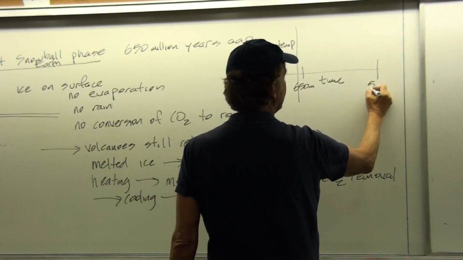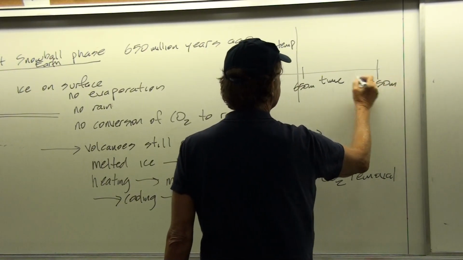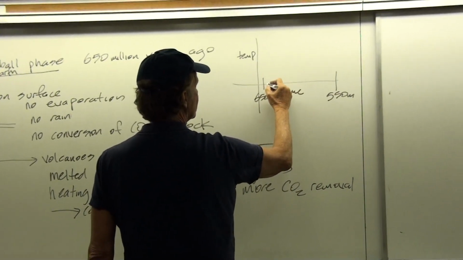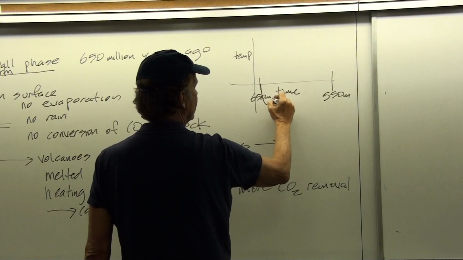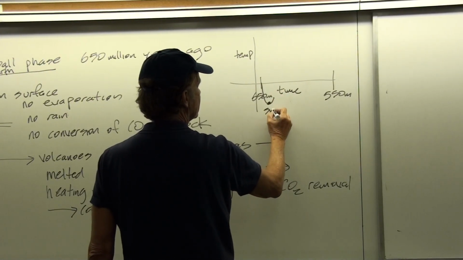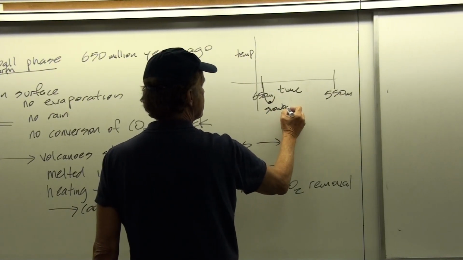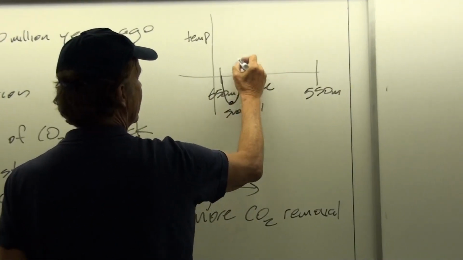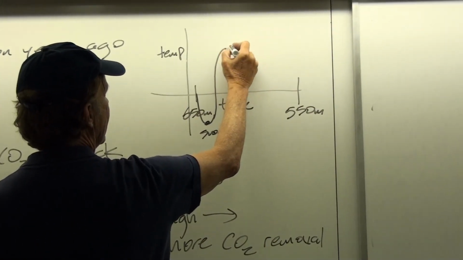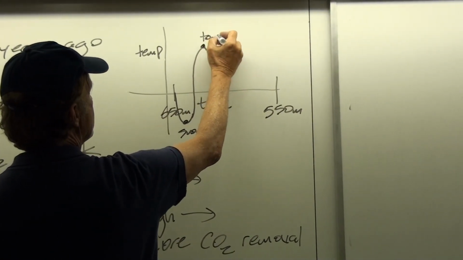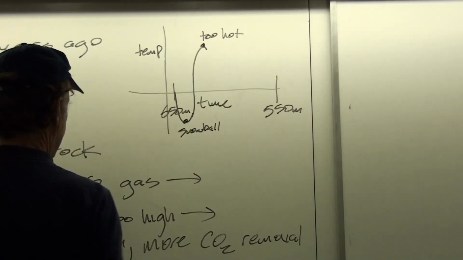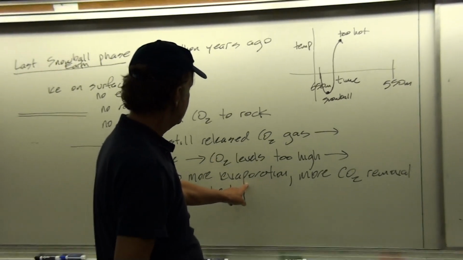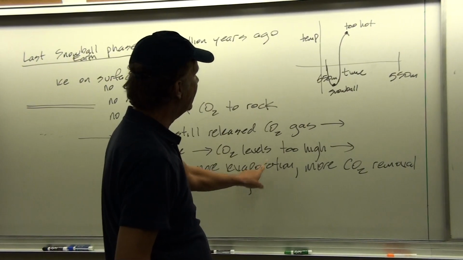This would be about 550 million years ago. So the temperature would go way down. This would be snowball Earth. And then it would go way high. It would be too hot. But that would kick in the evaporation that would melt the ice.